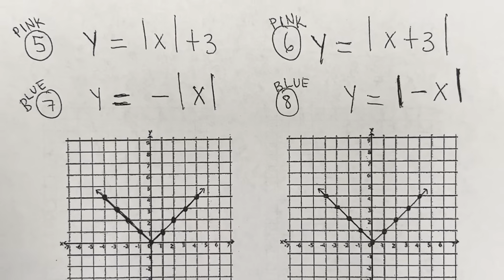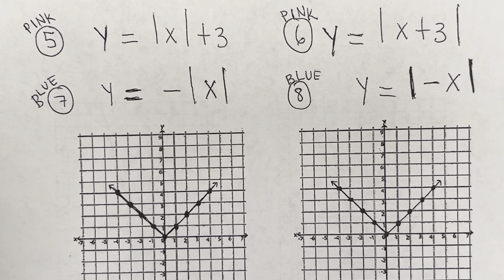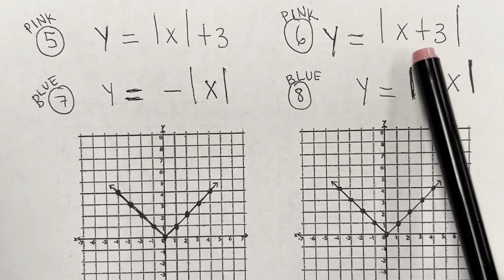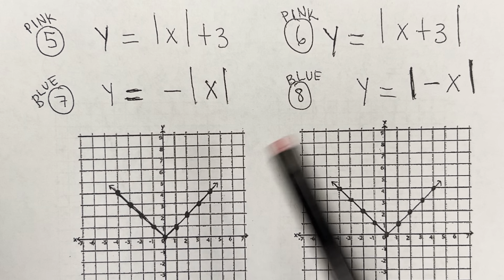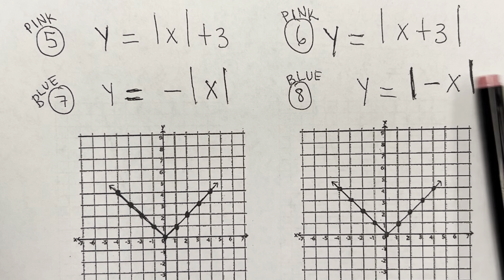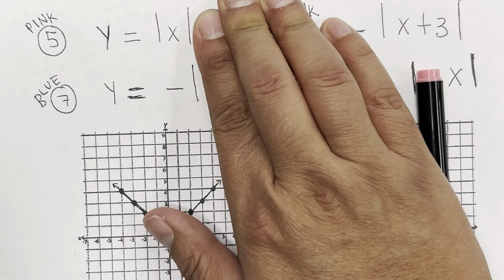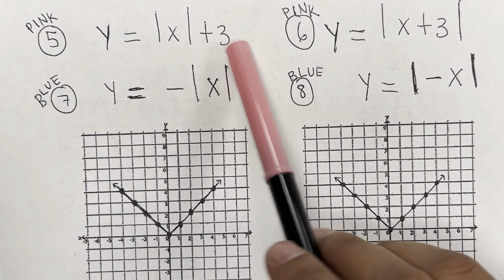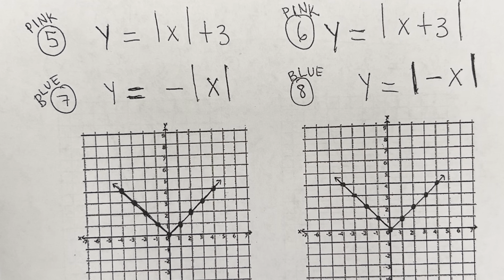Okay, now let's do, I'm going to use pink for addition, inside and outside, but now I'm using the absolute value. Remember that the mother graph is just like if we didn't have anything, just y equals the absolute value of x. Once I'm adding or subtracting, those are translations.